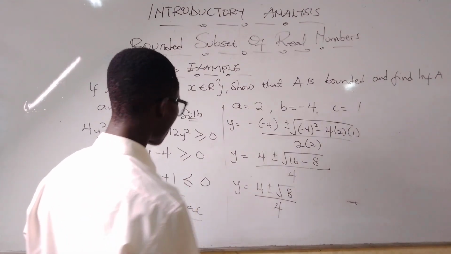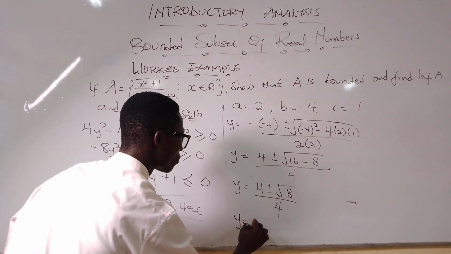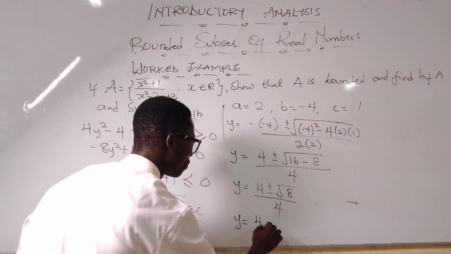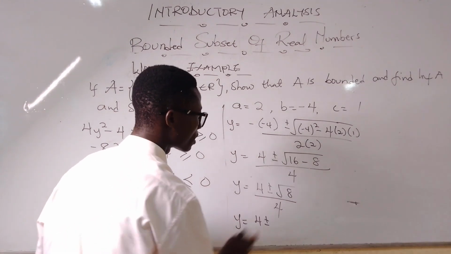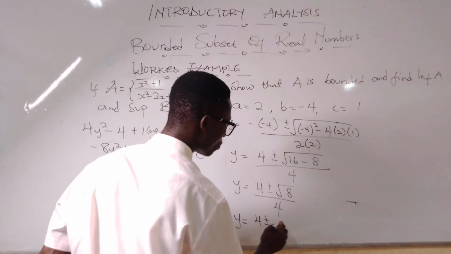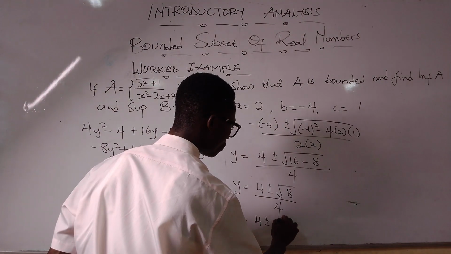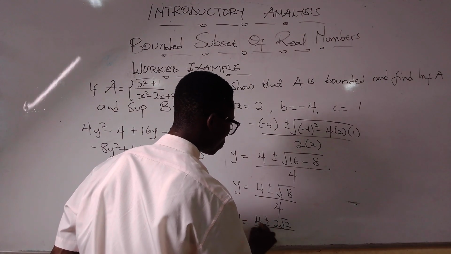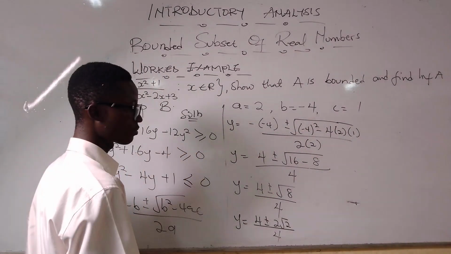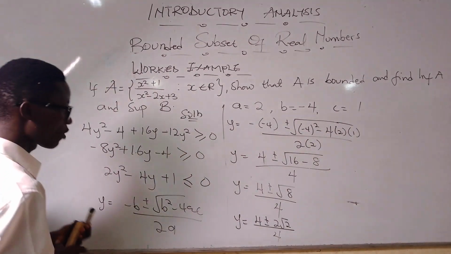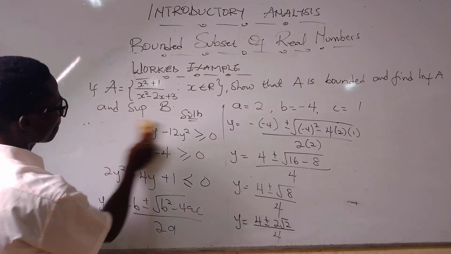So here I will have y is equal to 4 plus or minus, what is root 8? So root 8 will give you 2 root 2, and 4. So here we have two values for y.